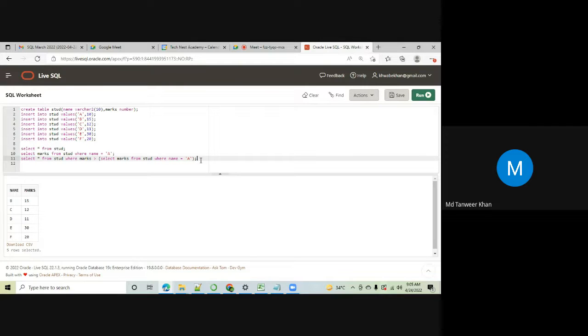First of all, is the question clear? I want the details of those students, or I want those students' names, whose marks are greater than marks of A or marks of B.